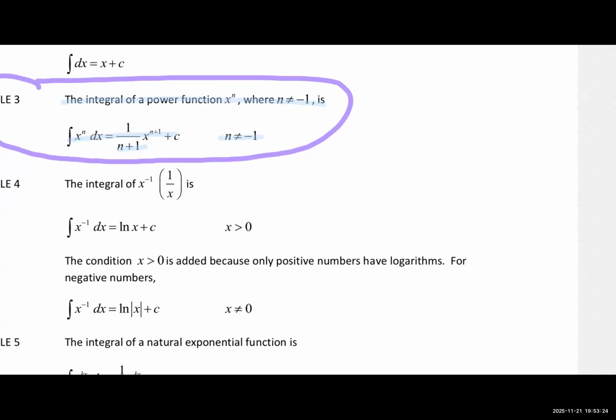So in this case, since this is like the inverse, it will be the same.